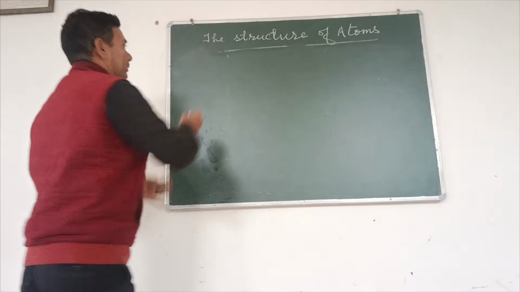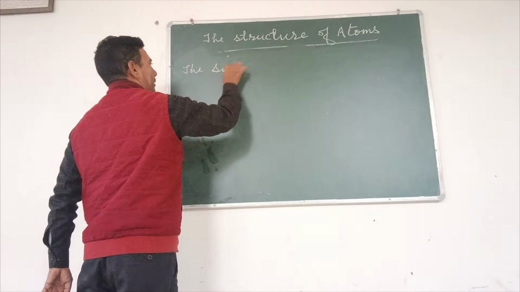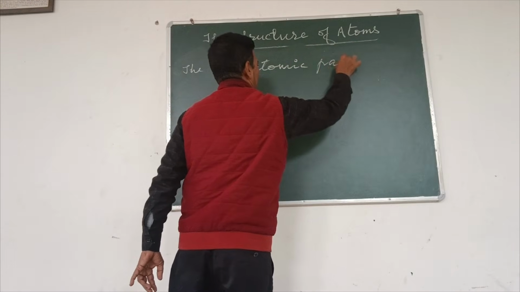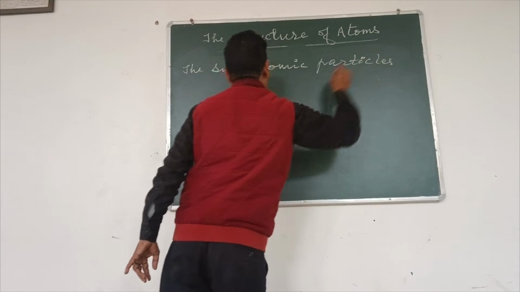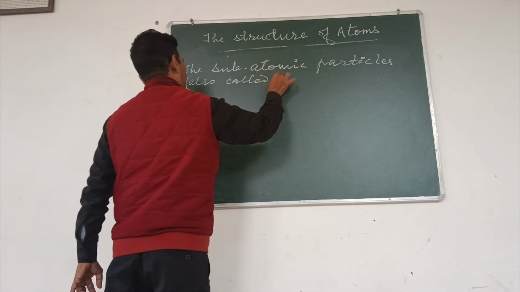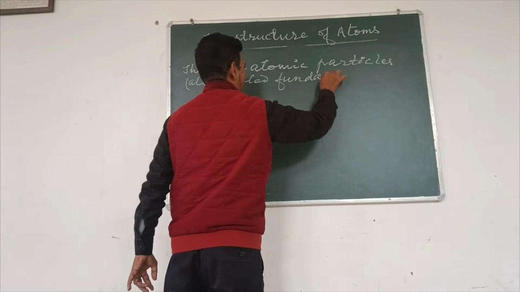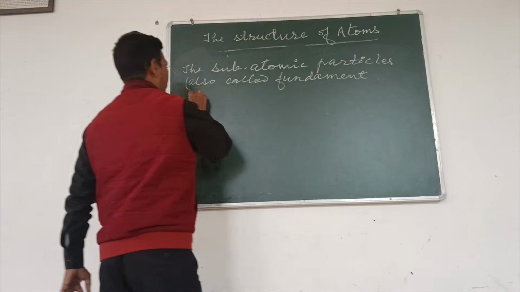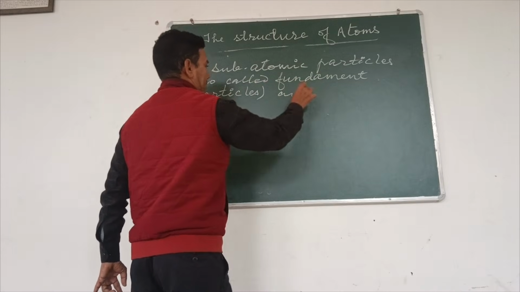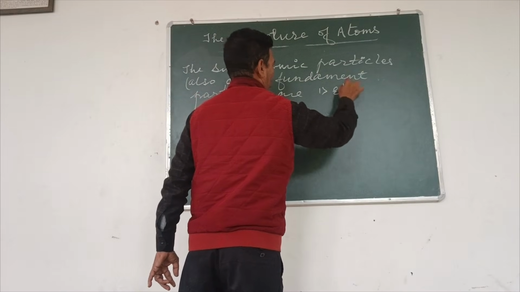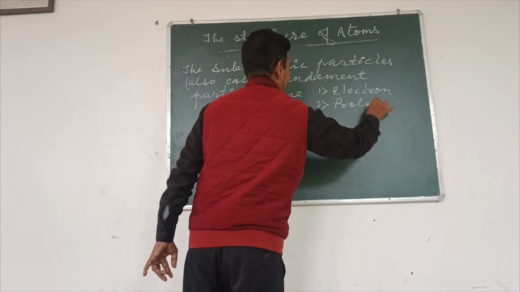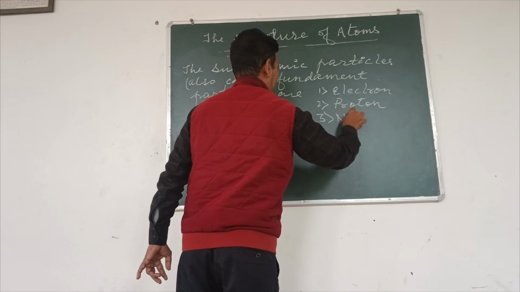These subatomic particles, also called fundamental particles, are number one, electron, number two, proton, and number three, neutron.